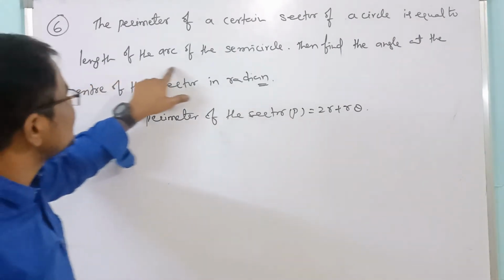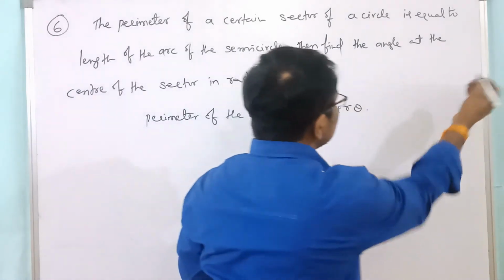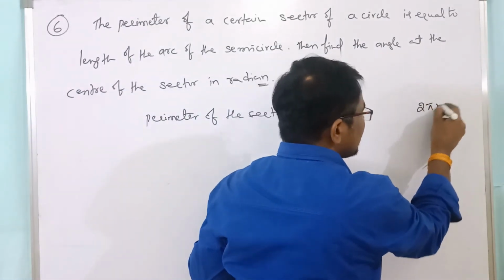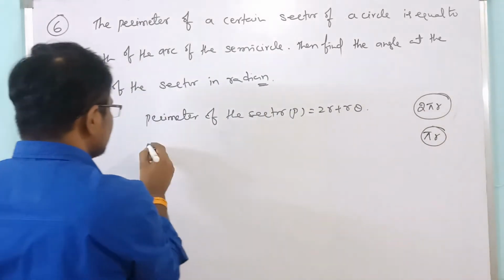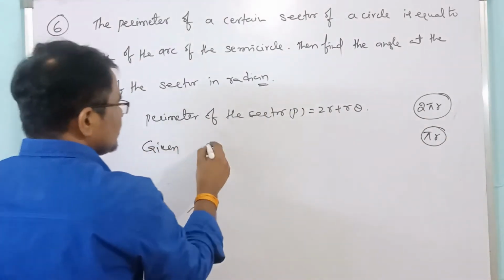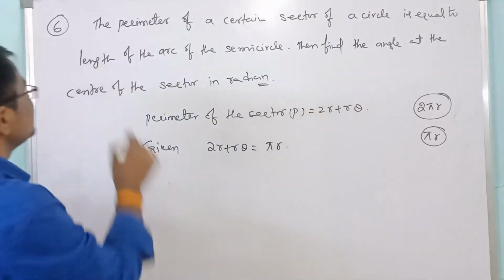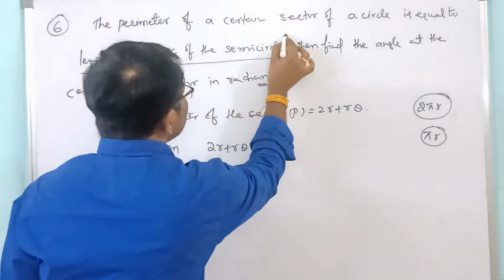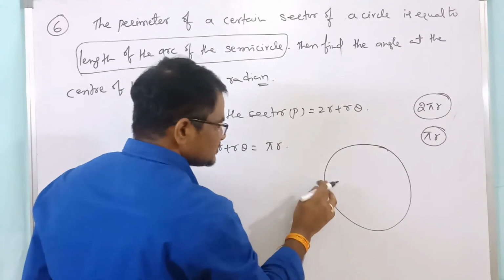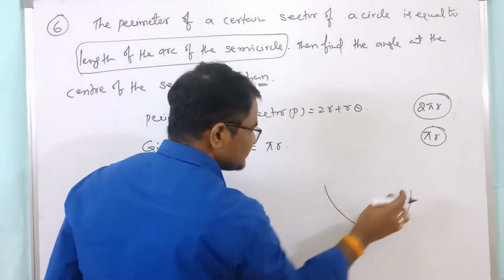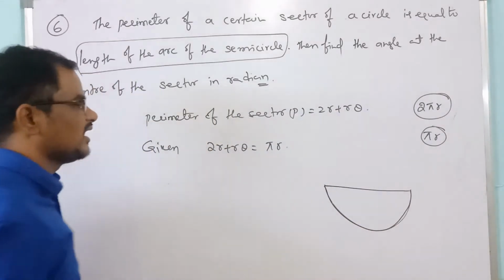And the length of the arc of the semicircle: the circumference of the circle is 2 pi r, so for the semicircle, pi r. So what is given? 2r plus r theta equals pi r. This is the circle, and this is the arc of the semicircle.